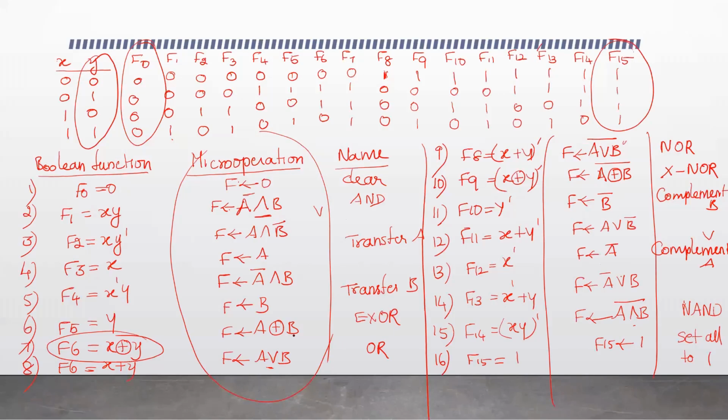In this case we see A and B is a basic operation, then A XOR B, and we have complement, A complement or B complement. This is one basic operation.